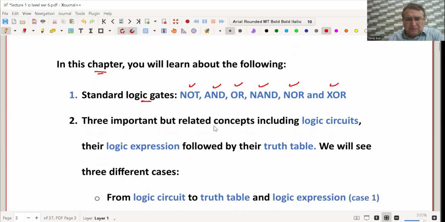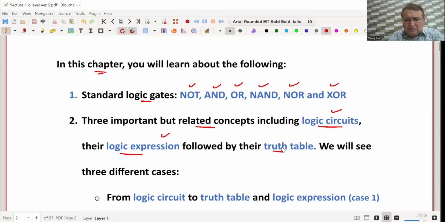And after this, we'll see 3 very important but related concepts, including logic circuits, logic expressions, and their truth tables.